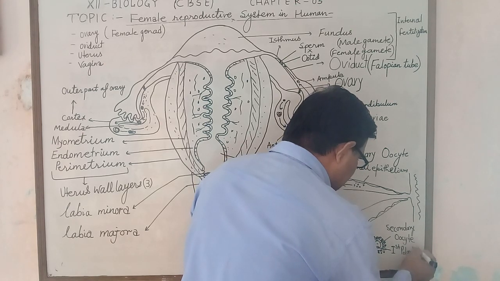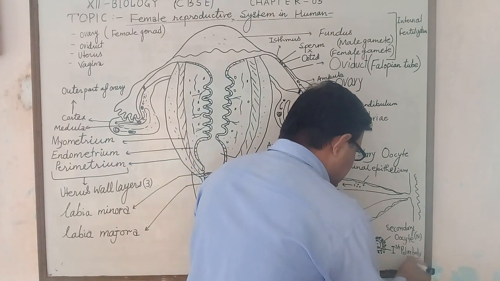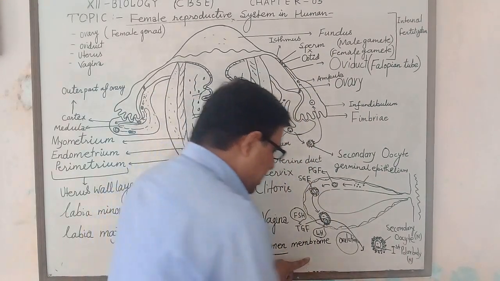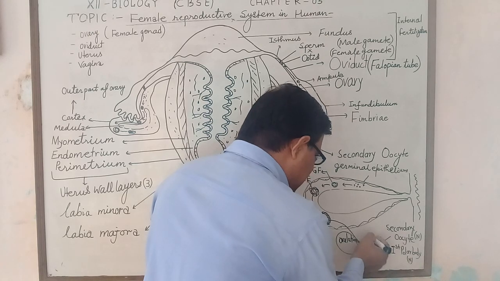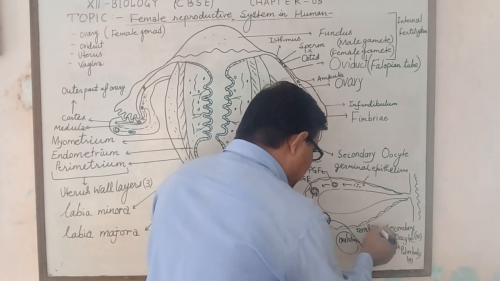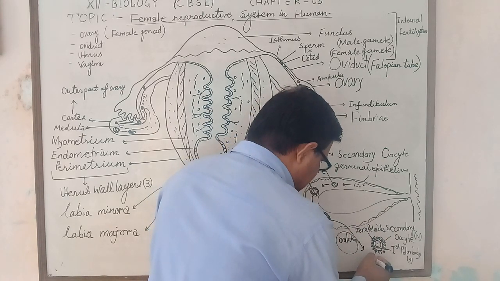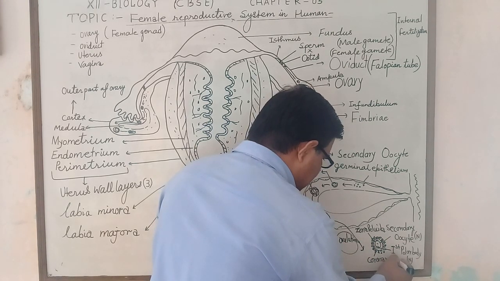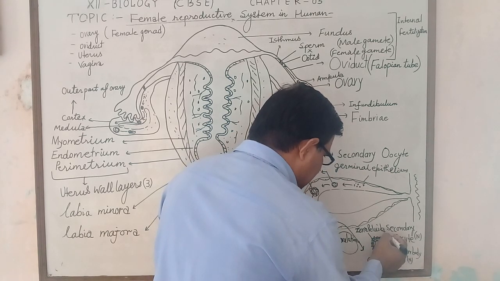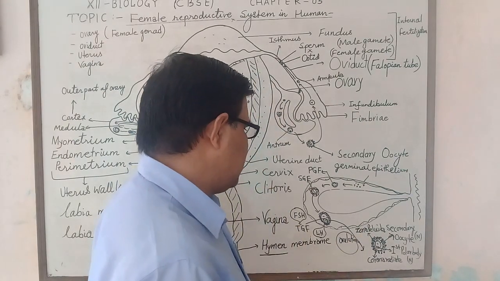The first polar body and secondary oocyte are both haploid structures surrounded by one membrane, called the zona pellucida, and the zona pellucida is surrounded by the corona radiata, which is a spherical structure. So the corona radiata covers the zona pellucida.